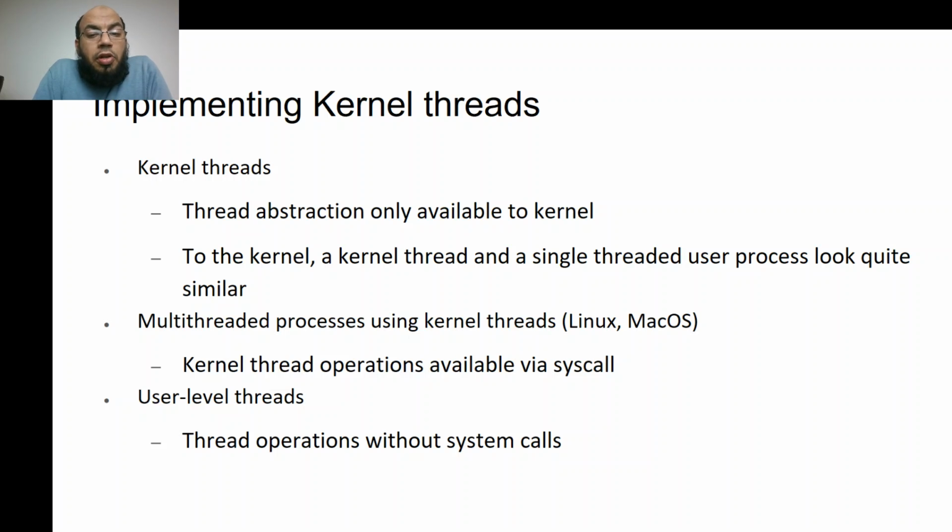And kernel thread operations are available via syscalls. This is basically how your user level threads, your application level threads, your program level threads are mapped to the kernel, to actual kernel stuff, using these kernel threads.